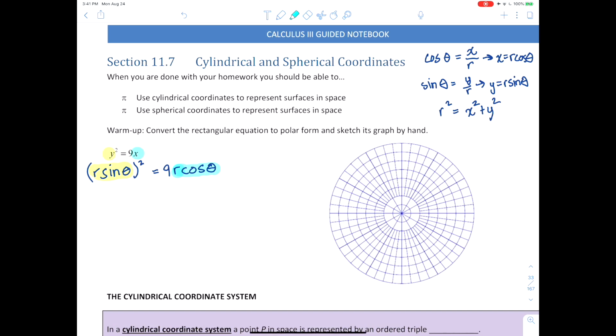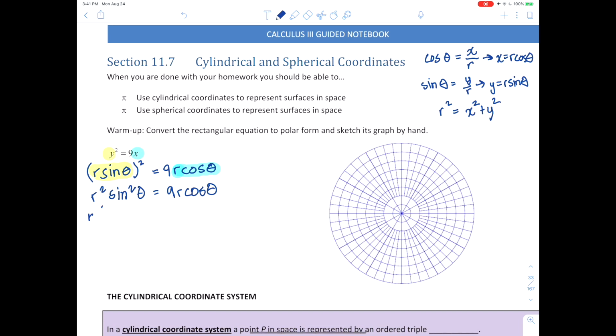All right, let's start working it out. So r squared times sine squared theta is equal to 9r cosine theta. Now why don't we go ahead and get everything on one side of the equation, and then we can also factor out an r.